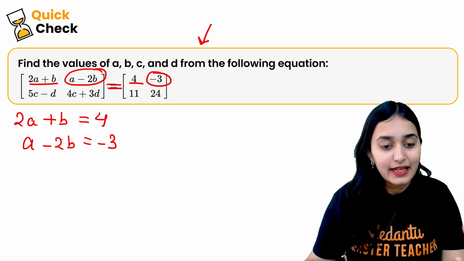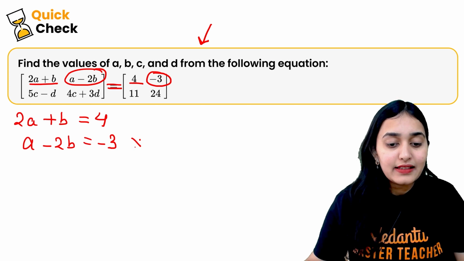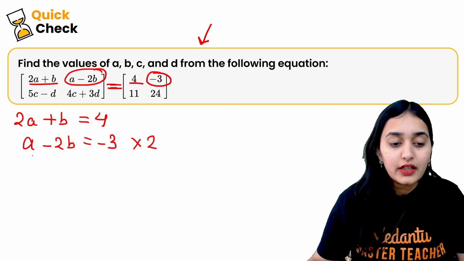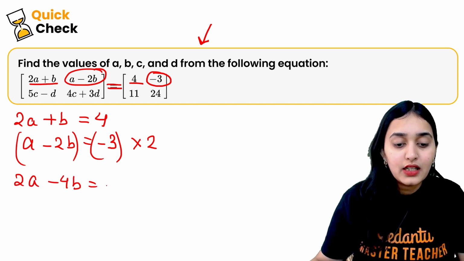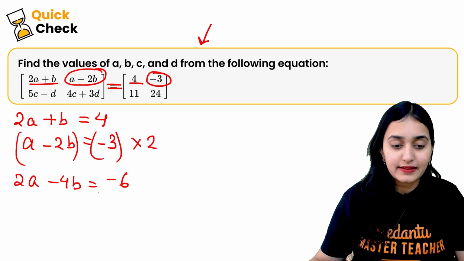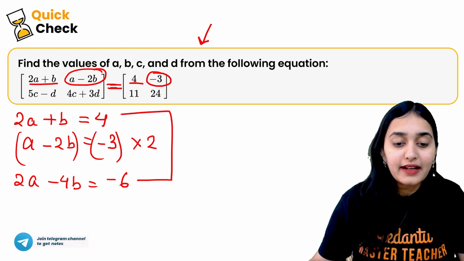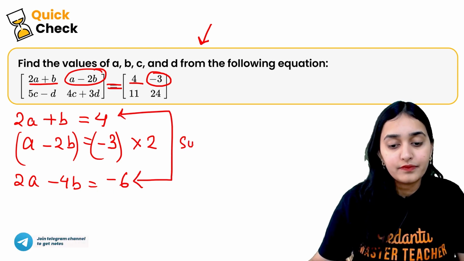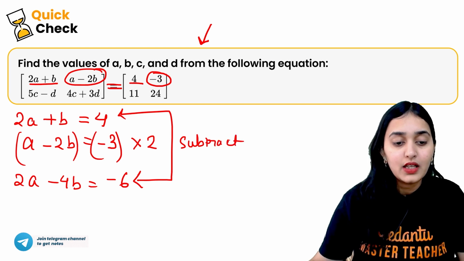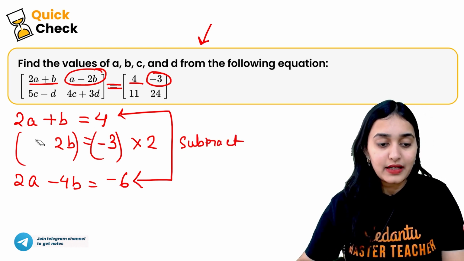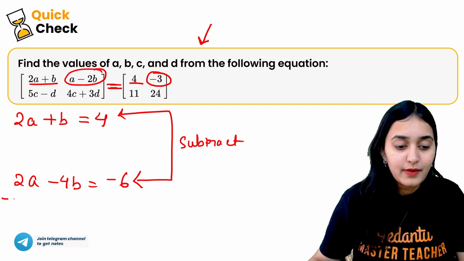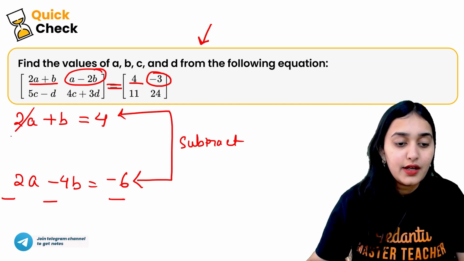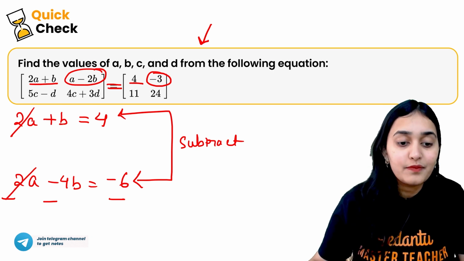Yes. What can I do for that? Multiply this equation by 2. So this equation will become what? If you multiply it by 2, 2a, 4b and 3 2s are 6. Now you subtract these two equations. So minus, minus, minus. 2a minus 2a, cancel.